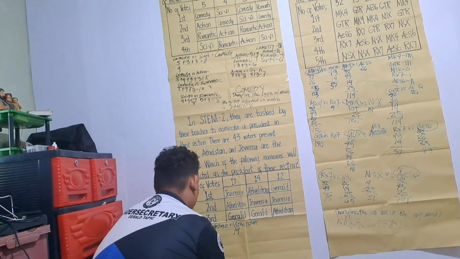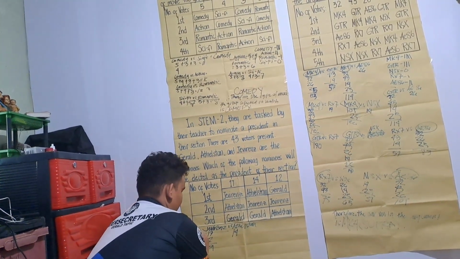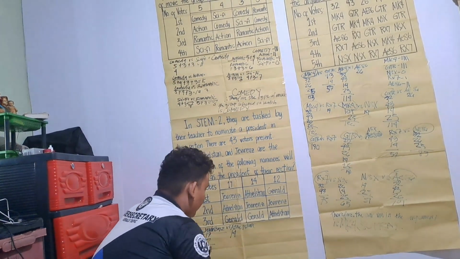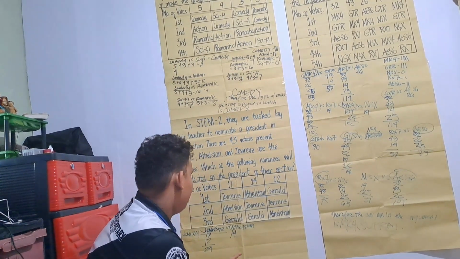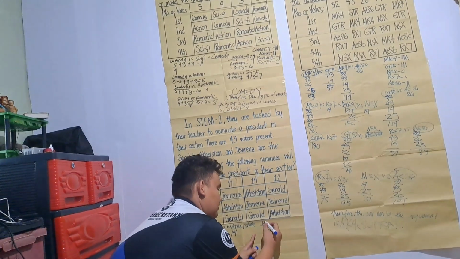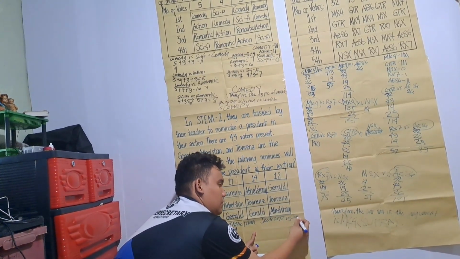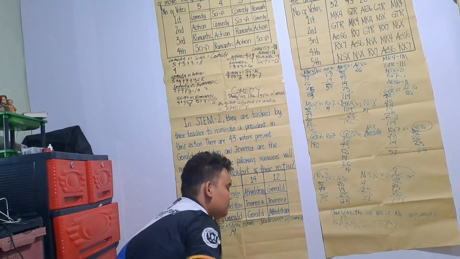So Jevons has 1 point. Then the next matchup is Jevons versus Gerald.